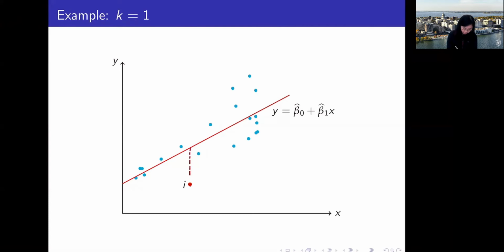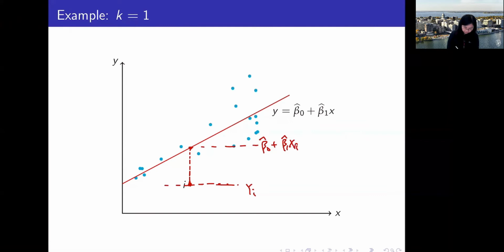Then this vertical distance between the ith point and the optimal approximation line, that difference. So this level is for yi, that's the yi level. And this is beta 0 hat plus beta 1 hat xi, or x1i.